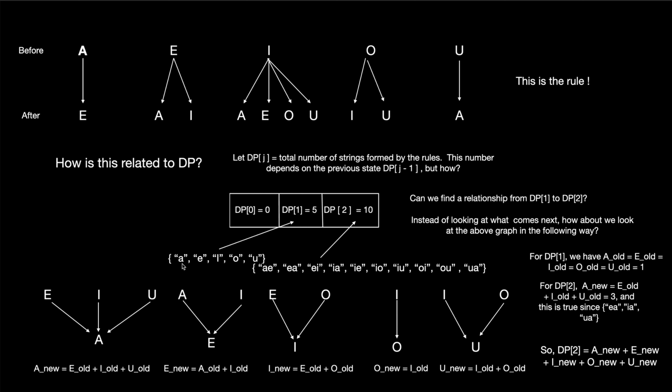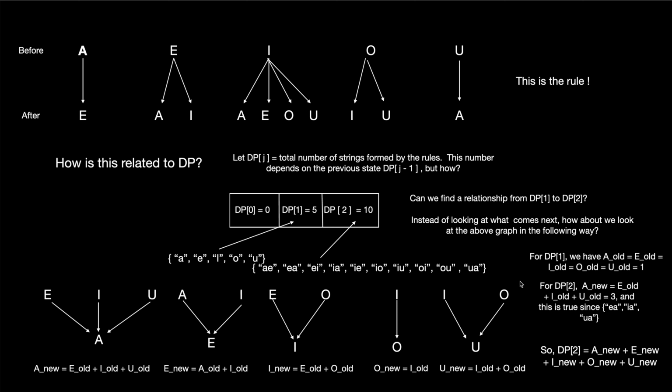Now, why do I do this? That's a very good question. Same thing for A. So A to E and I to E, and so on. Let's see, so let's say for DP of 1.